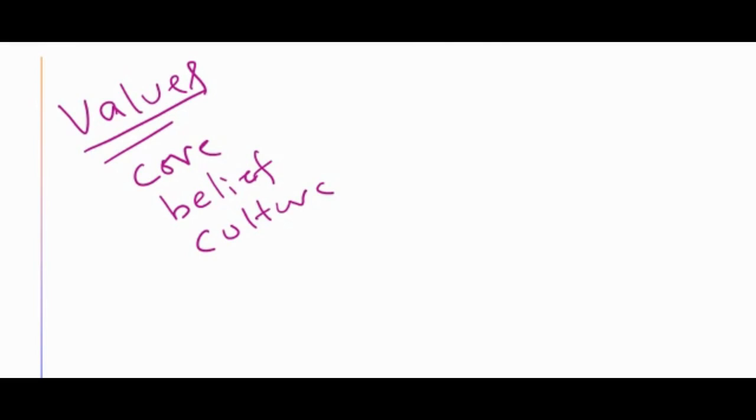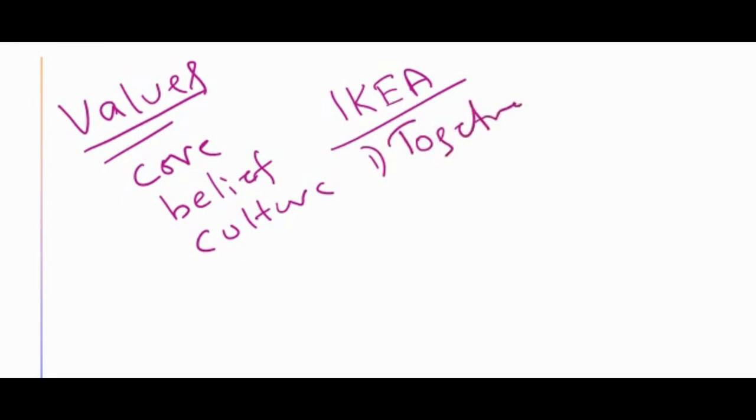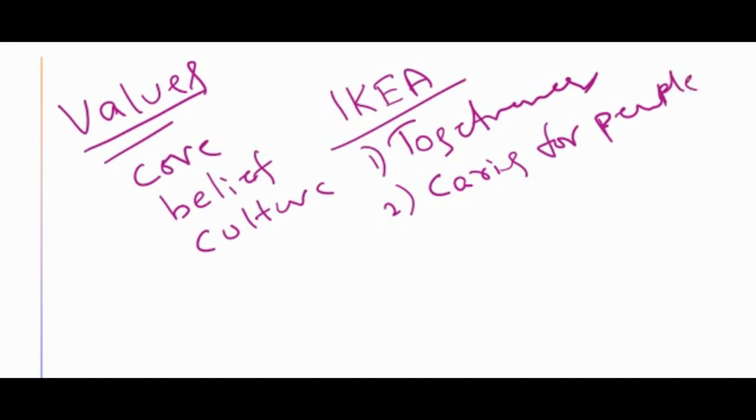So let's look at the core values of a company. For example, you take IKEA. What are their core values? One, togetherness. Togetherness is at the heart of IKEA culture. Two, caring for people and planet.